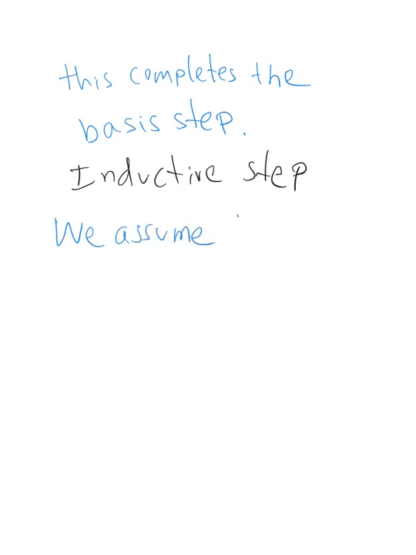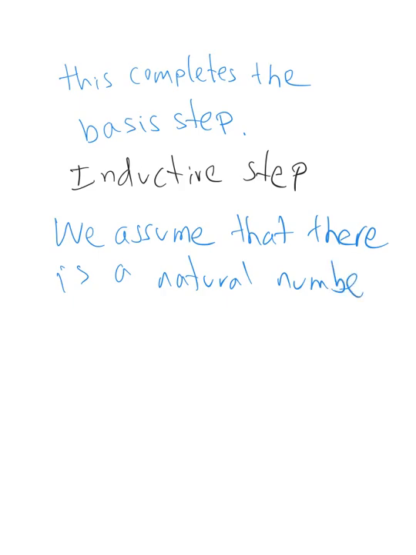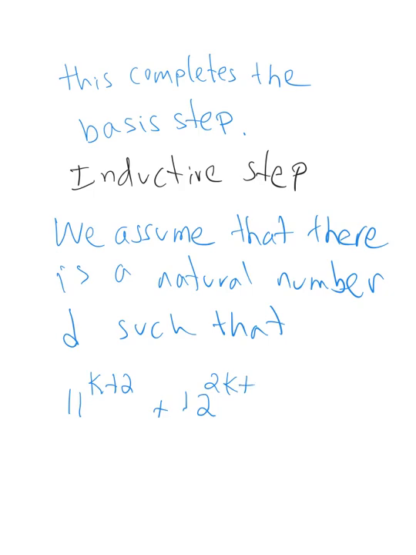We assume that there is a natural number d such that 11 to the k plus 2 plus 12 to the 2k plus 1 equals 133d.